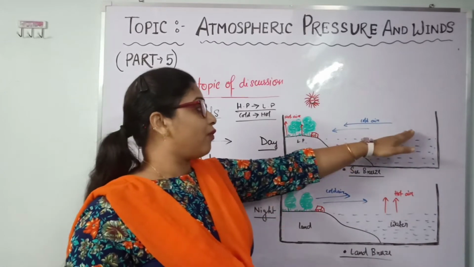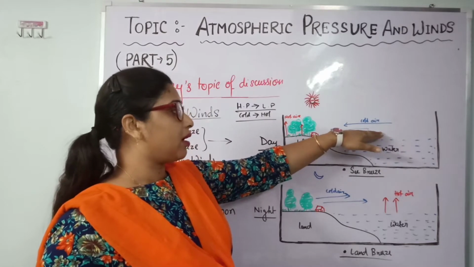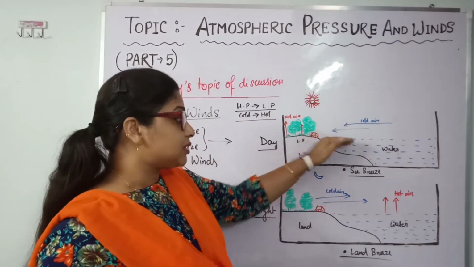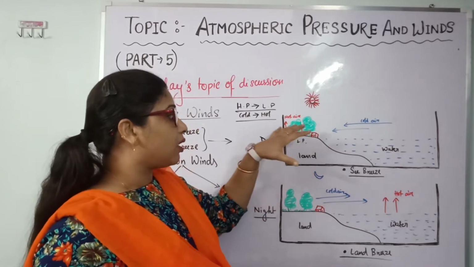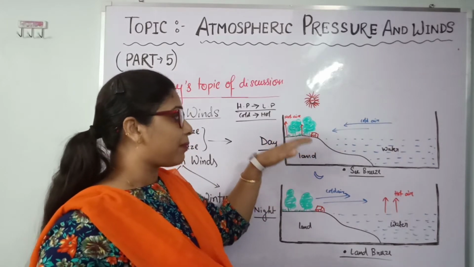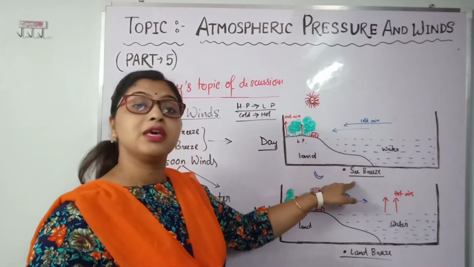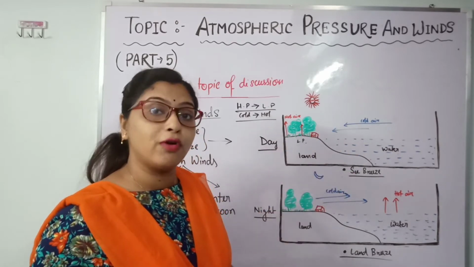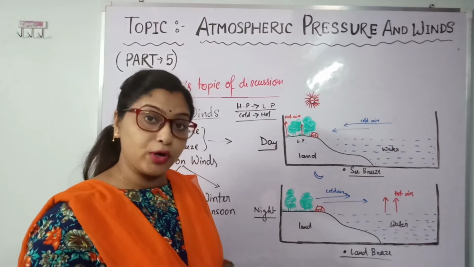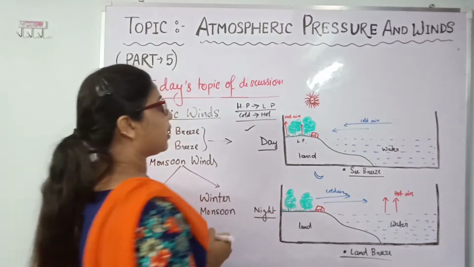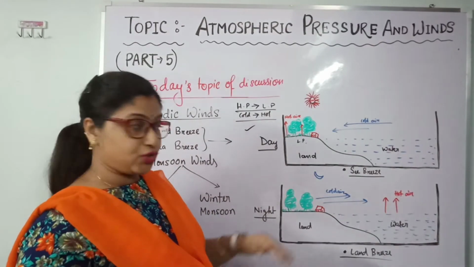So from over the water bodies, cold air will blow towards the land. This wind can decrease the temperature of the land area, and this wind is known as the sea breeze, as it is coming over the water bodies. So in the daytime we are seeing this one, the sea breeze.